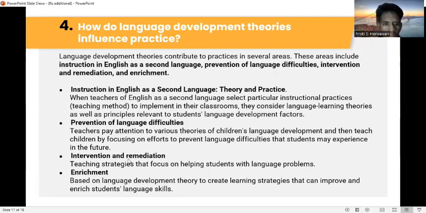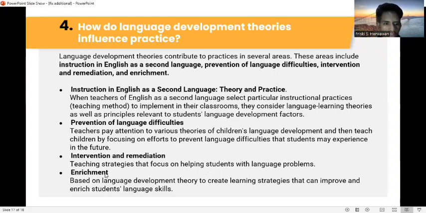And in intervention and remediation, teachers, by paying attention to language development theories, conduct teaching strategies that focus on helping students with language problems, such as conducting appropriate learning strategies to teach students with language disorders.